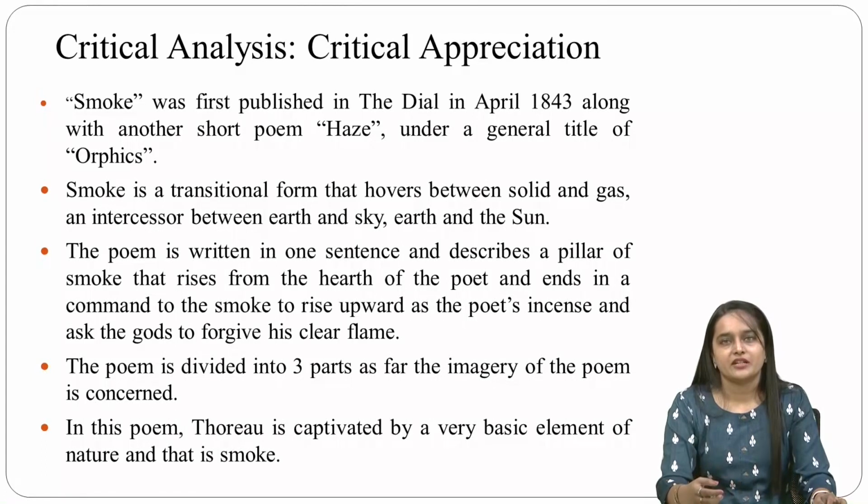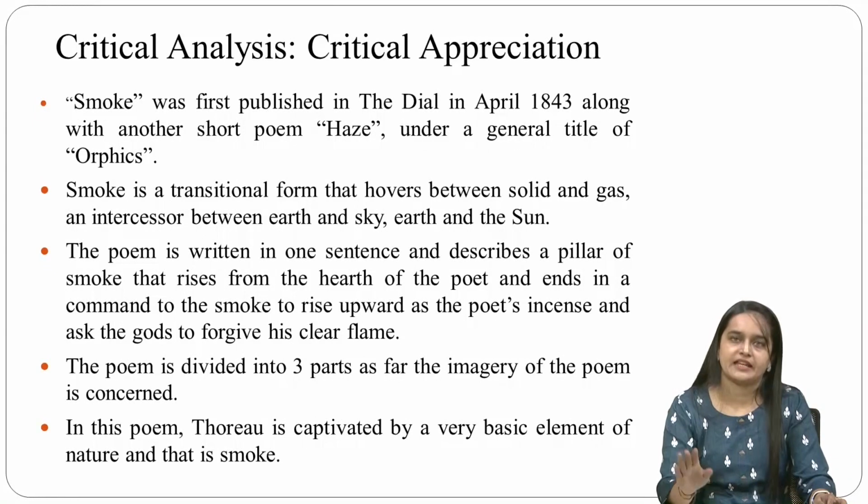The smoke becomes an Icarian bird as it ascends. Icarus is a defiant boy of the Greek legend who, disobeying his father, flew too close to the sun, due to which his wax wings melted and he drowned in the sea.